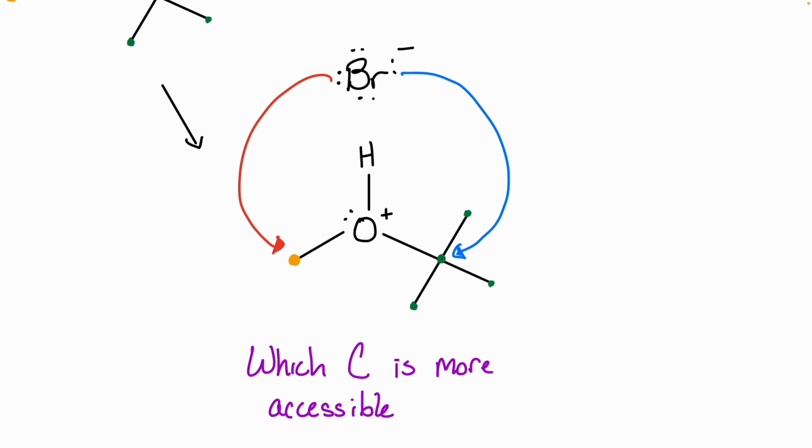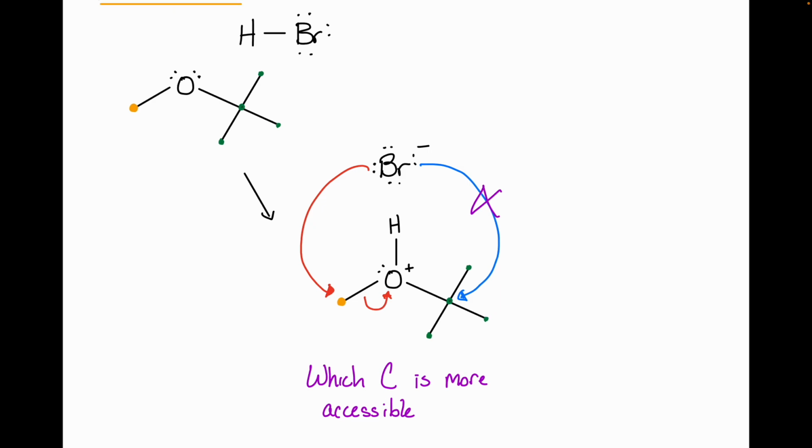The accessibility of a carbon has a huge effect on its ability to play the role of an electrophile. Can the nucleophile even get there in the first place, right? So because that orange carbon is so much more accessible than that blue carbon, that blue pathway is not going to be the one that occurs. So instead, my mechanism, I'm going to have to finish that off by breaking that bond there.